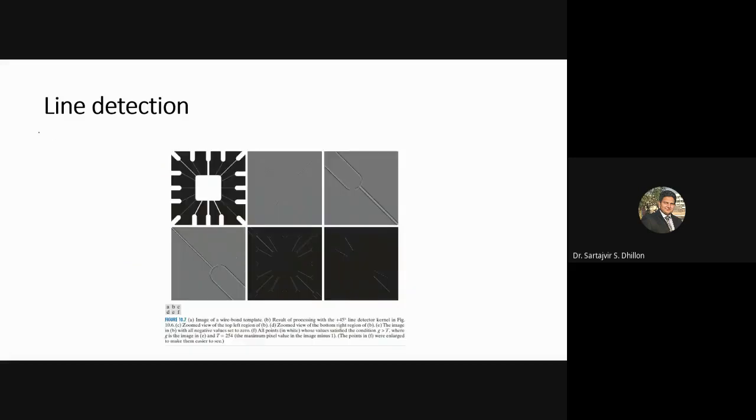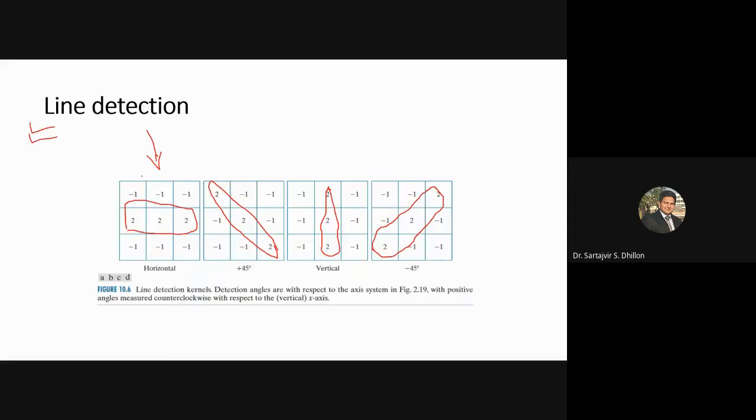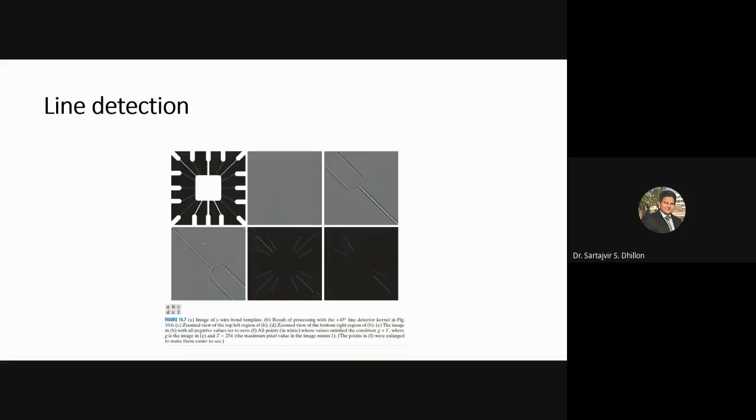Once you use this mask, you are able to detect the lines, and the lines can be formed like this. These are the outputs. The first figure is representing the wire bond template, and this is the result of processing with the 45-degree mask.